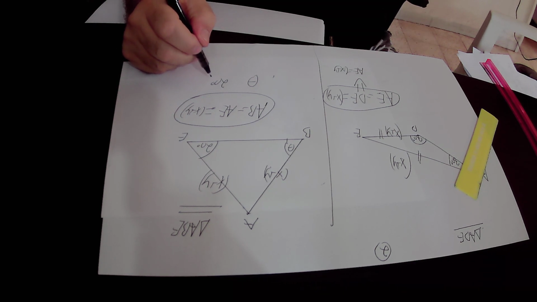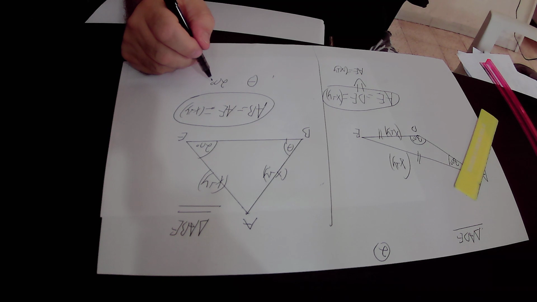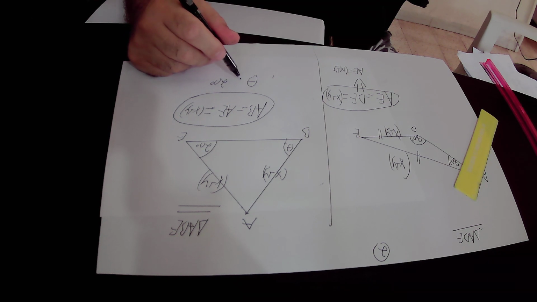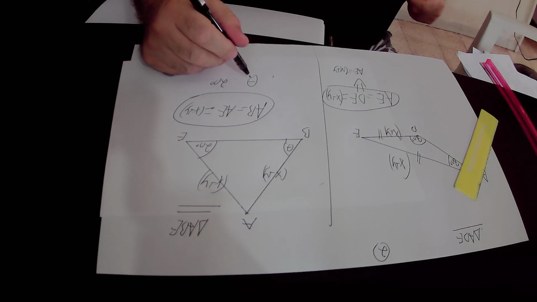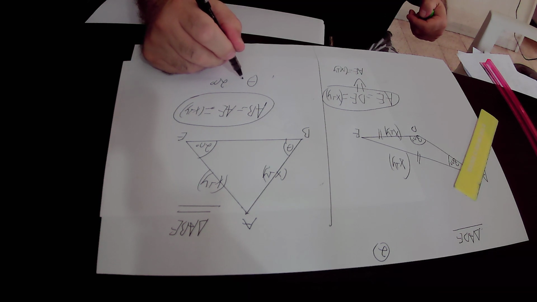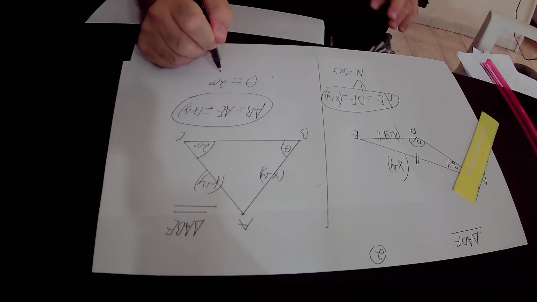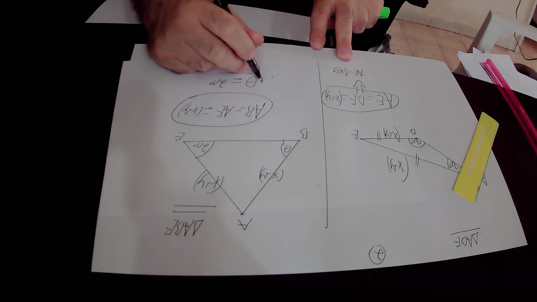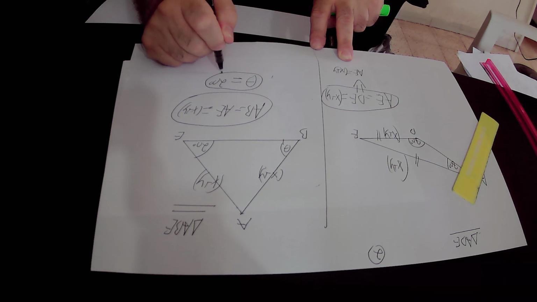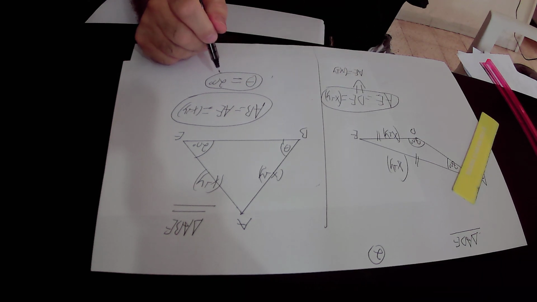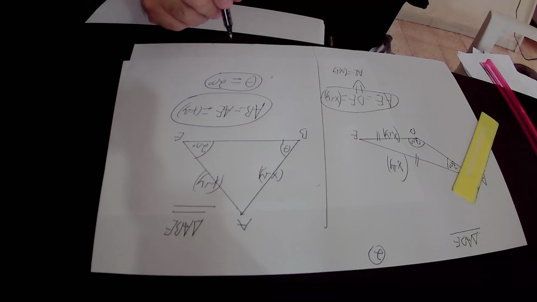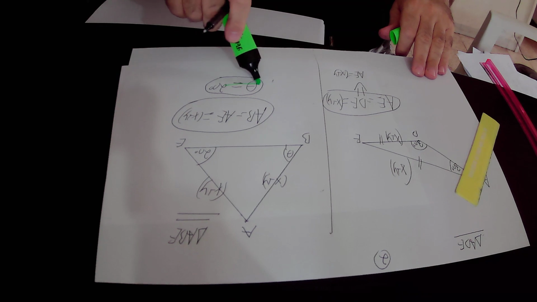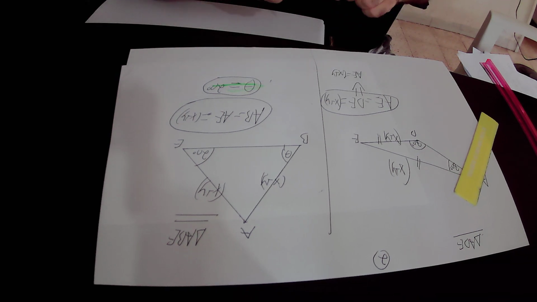Those two angles must be equal to each other, that is to say, angle theta must be equal to 20 degrees, because those two angles are located in front of equal sides. So the answer to the question is that angle theta equals 20 degrees.